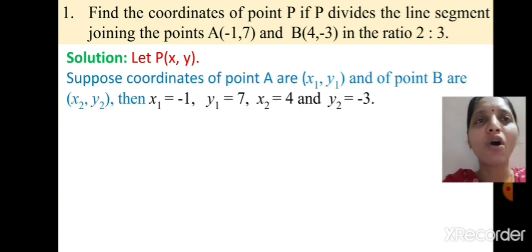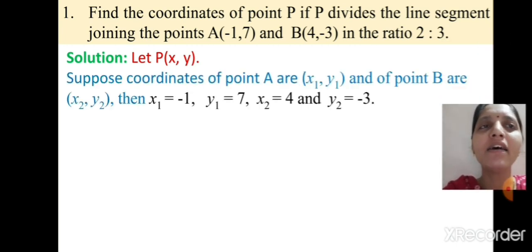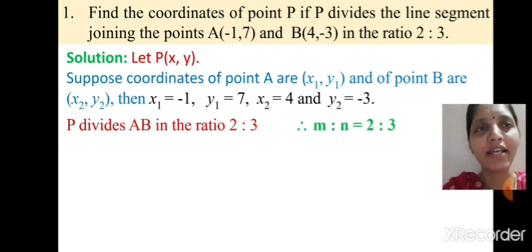And suppose the coordinates of point A are x1, y1 and point B are x2, y2. Then what will you get here? Yes, x1 is equal to -1, y1 is equal to 7, x2 is equal to 4 and y2 is equal to -3. Now what will we write? Yes, the ratio. Therefore, P divides AB in the ratio 2:3. It is given here. Therefore, m:n will become 2:3.